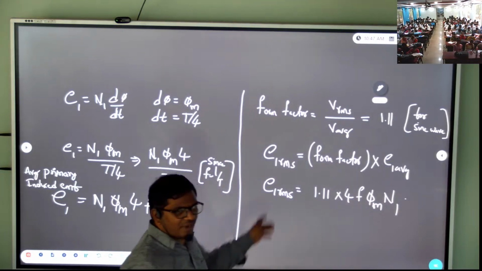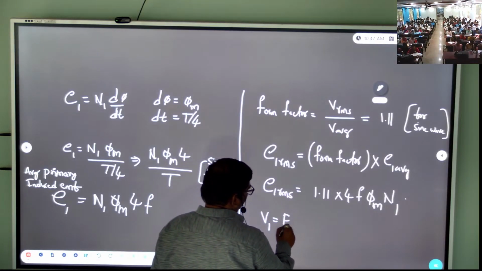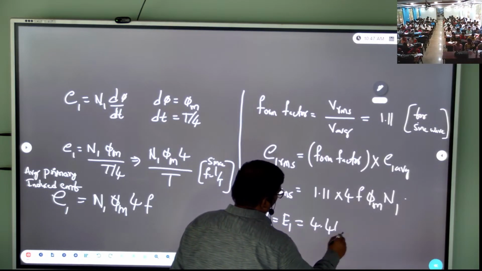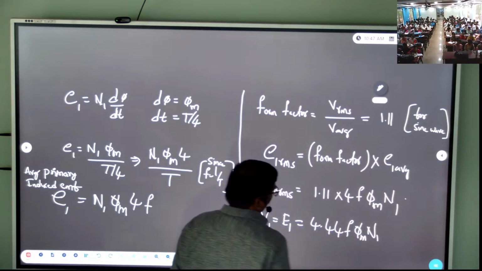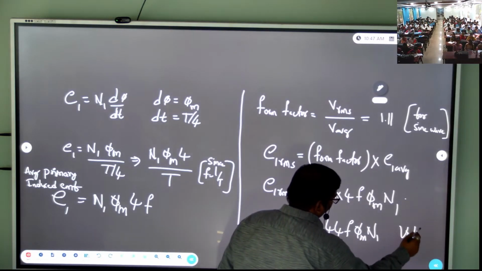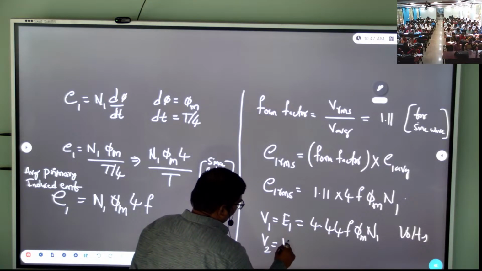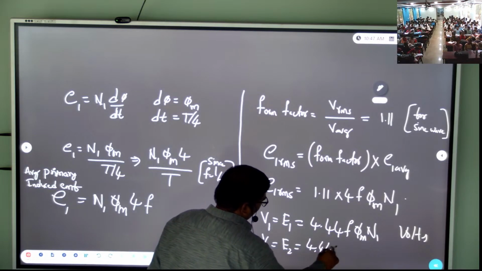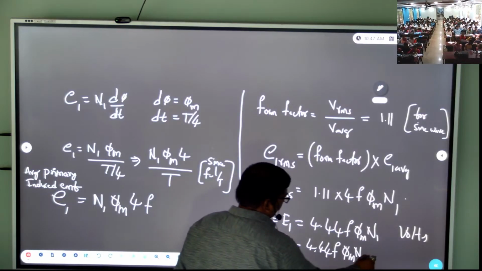So finally you can write V1 or E1 is equal to 4.44 F phi m N1, which is measured in volts, or the secondary induced EMF V2 is equal to E2 is equal to 4.44 F phi m N2 volts.